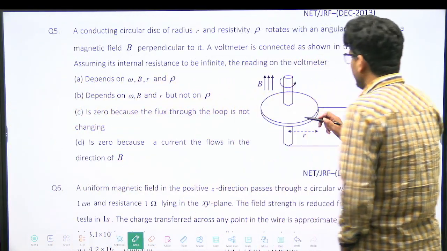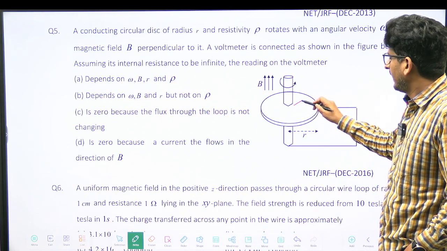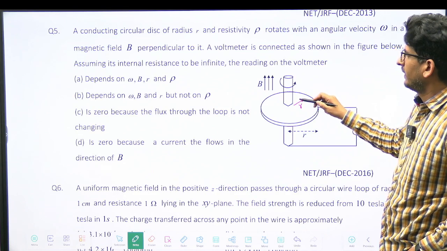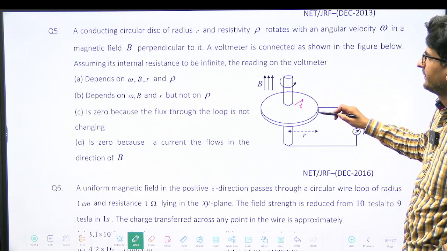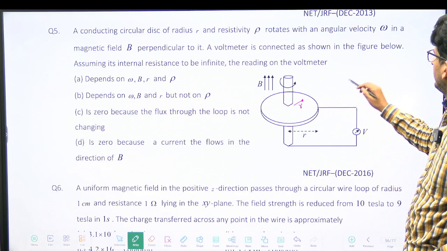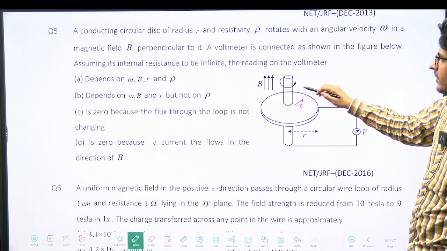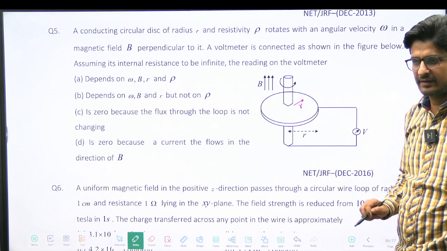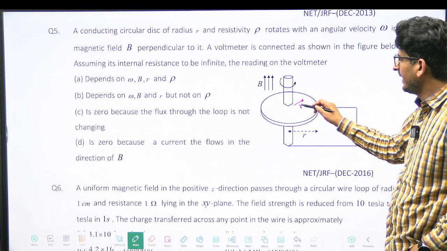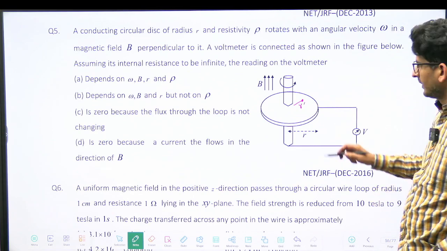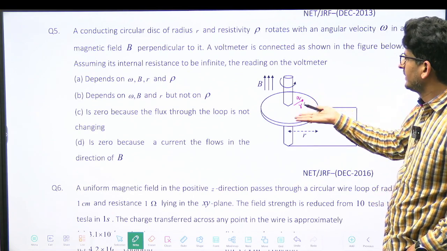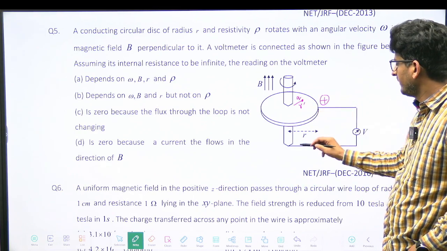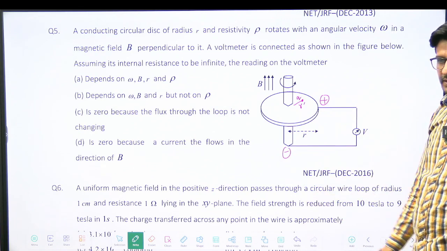So this is a disk again. If I take a point at a distance r, this is distance r, with omega, B and R. This circular disk is having radius R. So if I see it at some r dash, suppose a charge q, this q charge will be deflected outward, and this side will gain a positive potential and this will gain a negative potential.